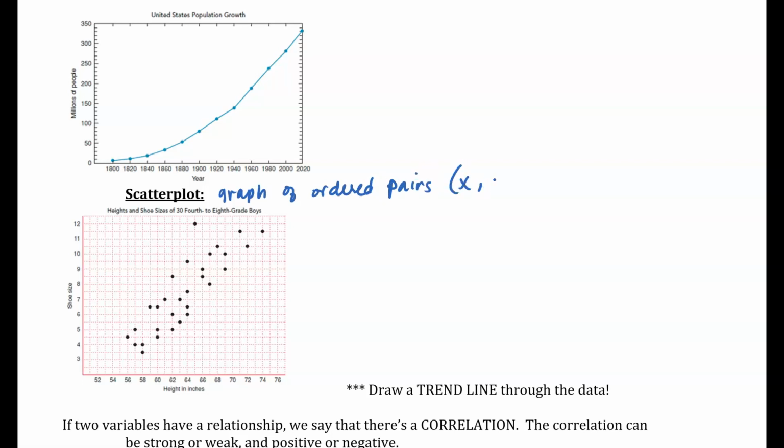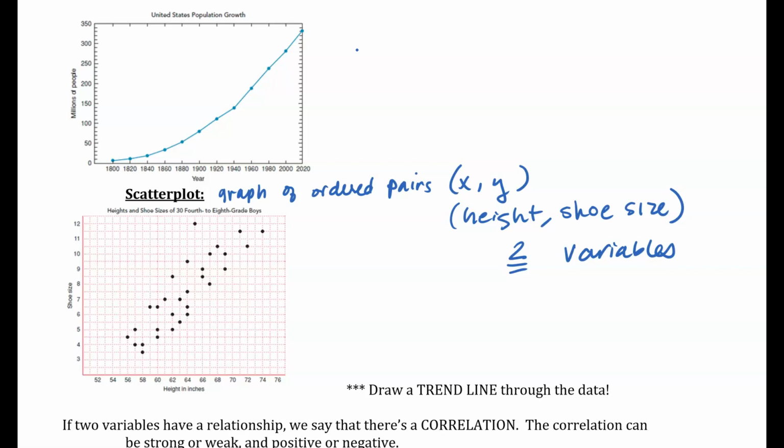So we've got an X and a Y. In this case, we're graphing height versus shoe size. So 2 variables. And that's the same case in this line graph. We're graphing 2 variables in this one as well: the year and the population.